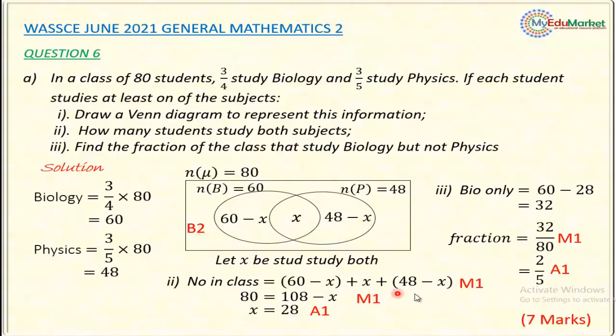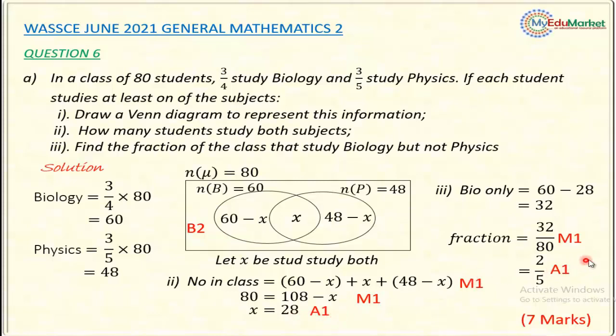The next mark is when you form this equation correctly, you have method 1 mark. Then solving that equation correctly, you have another method 1 mark. And getting X, the number of students that study both, correctly as 28, you have accuracy 1 mark, A1.